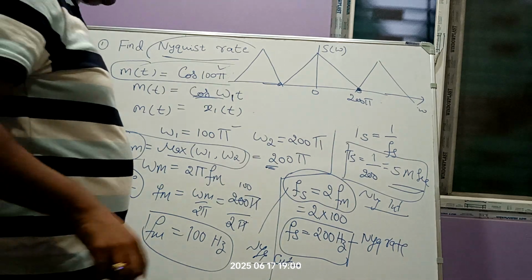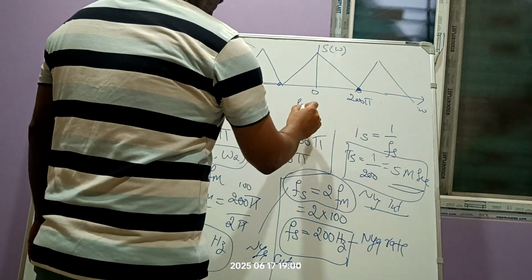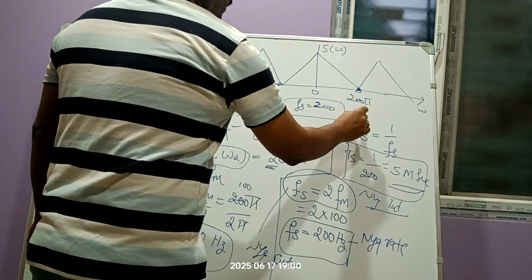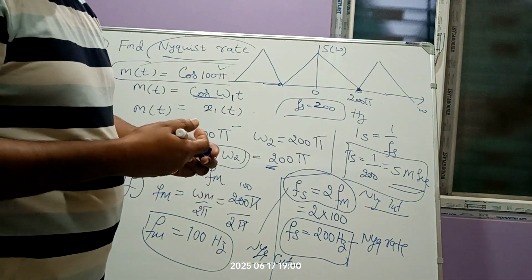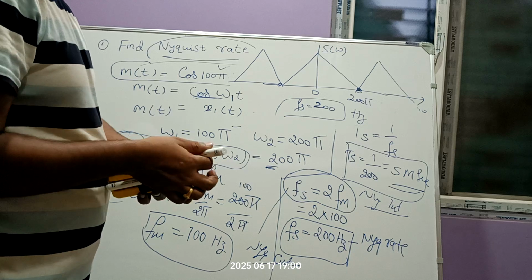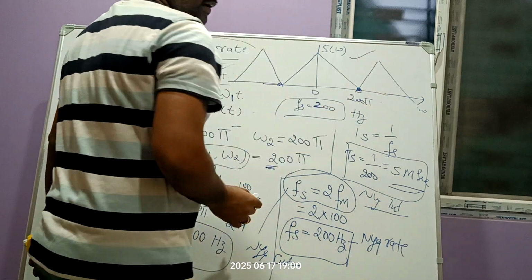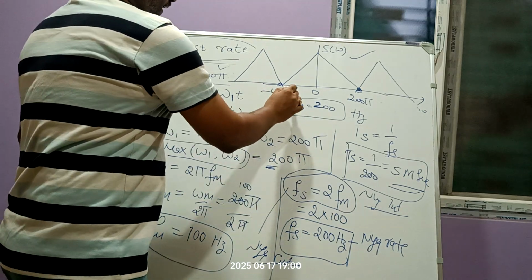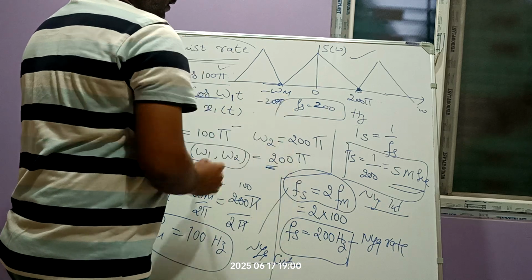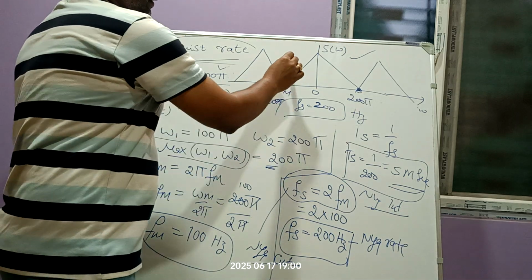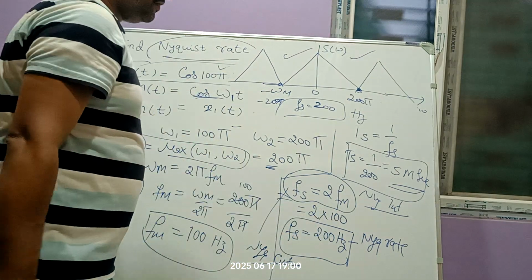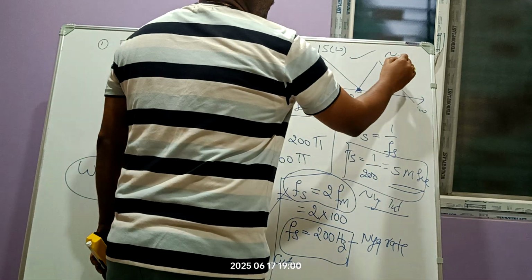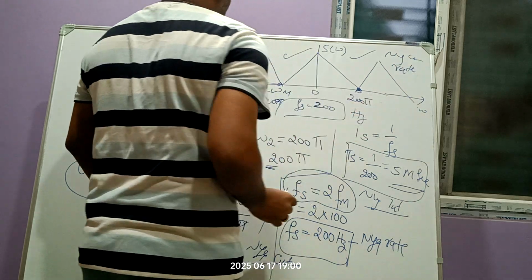So what is the sampling frequency Fs? Fs is 200 hertz, right? So the minimum frequency you should have is 200 hertz, so that you are able to represent this signal and also able to reconstruct this signal. This is minus 200 pi, right? So this is the diagram which corresponds to the Nyquist rate for critical frequency, that is the Nyquist criteria, right?